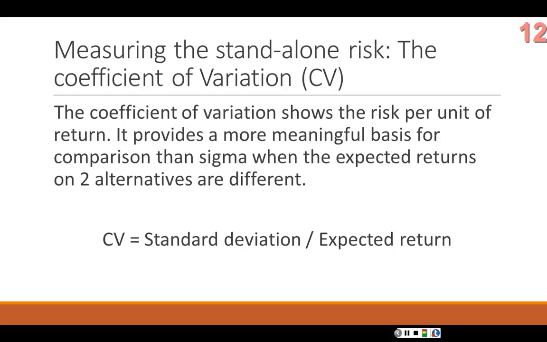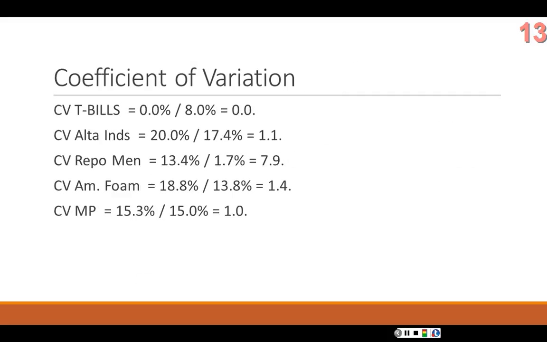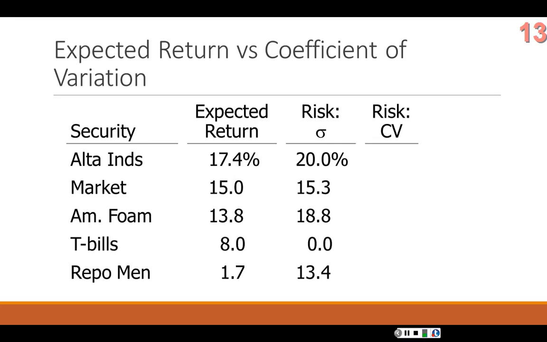It provides a more meaningful basis for comparison than the standard deviation when the expected returns on two alternatives are different. This is most useful when comparing stocks that have different expected returns and different standard deviations. To calculate coefficient of variation, it's equal to standard deviation divided by expected return. So we can calculate this for each of our investments.